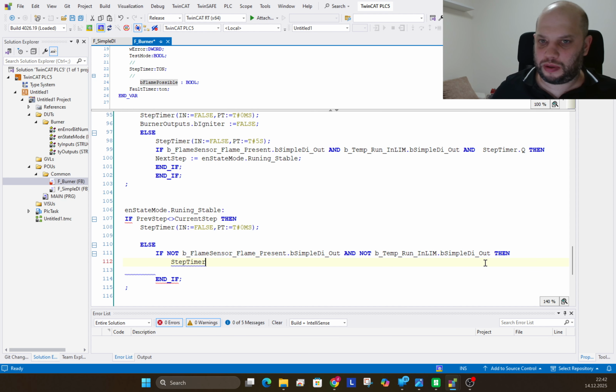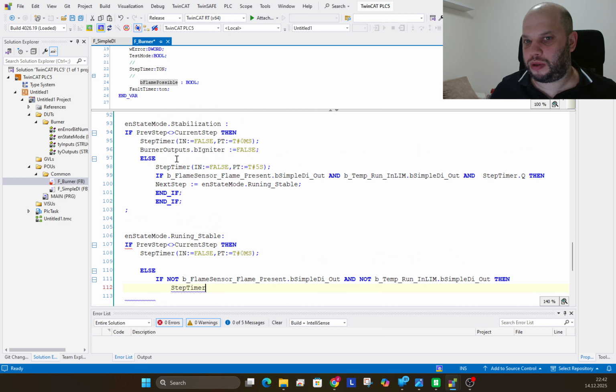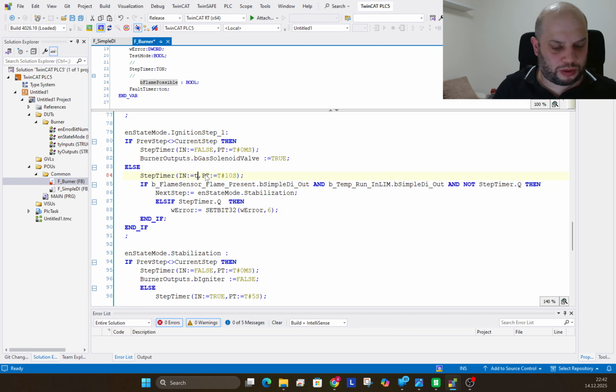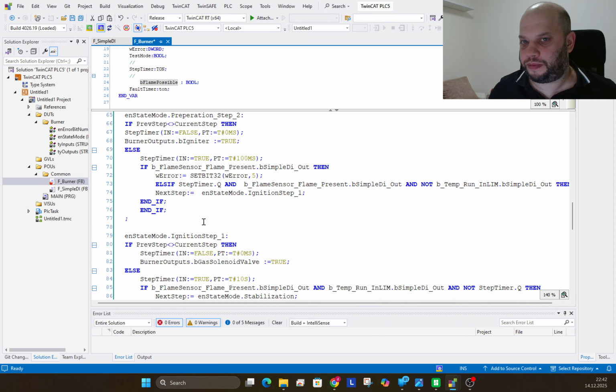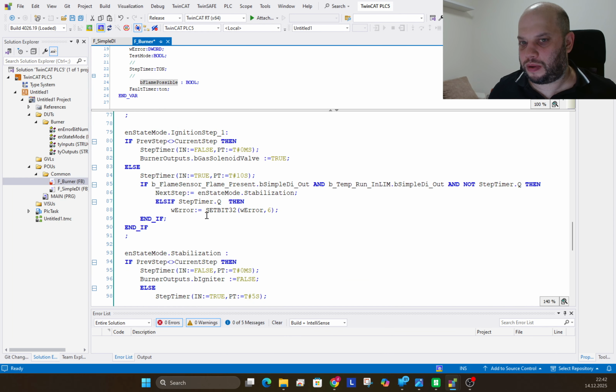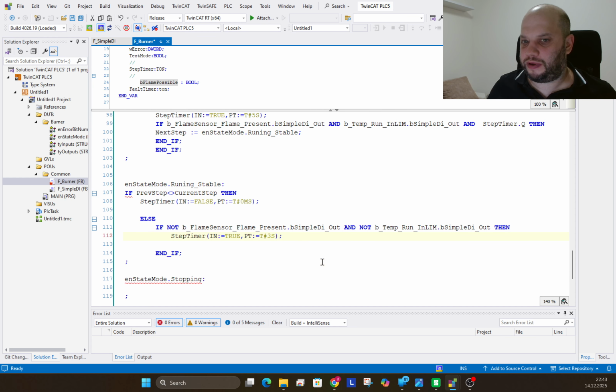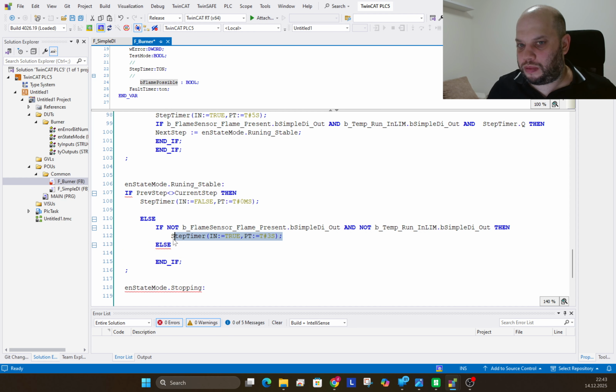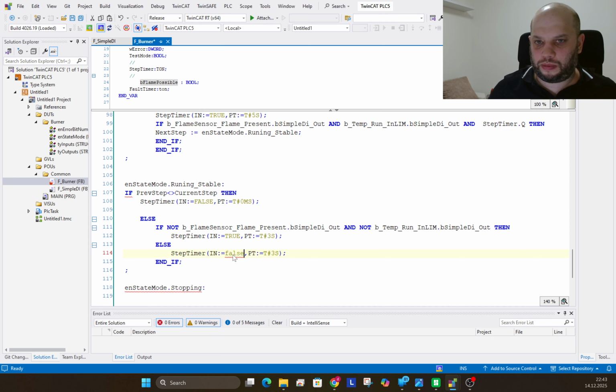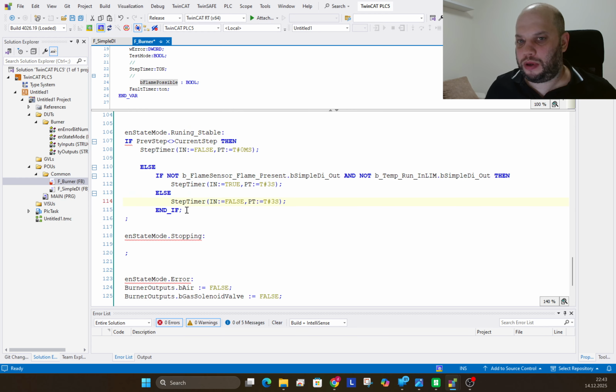Timer true. 3 seconds, I think, will be enough. So both should be on.